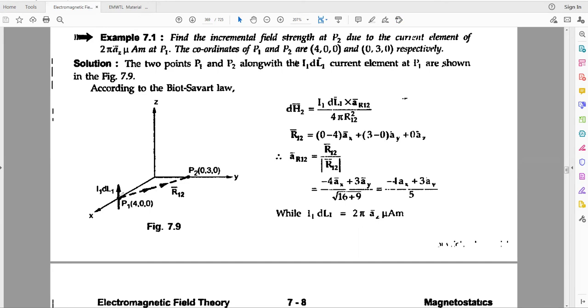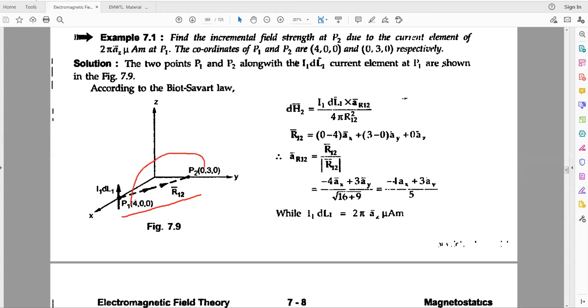So we need to find from here the X axis because it is given in the P1, the P2 due to the current element of 2π AZ bar microampere meter. So the formula we have, the differential magnetic field strength is I1 DL1 bar cross A R12 bar by 4π R12 square. It's a sending end and the receiving end here.